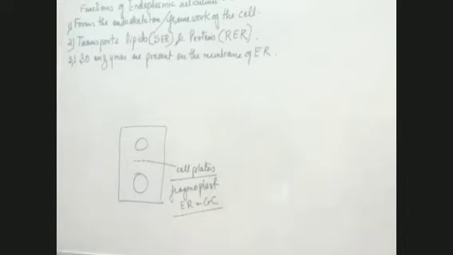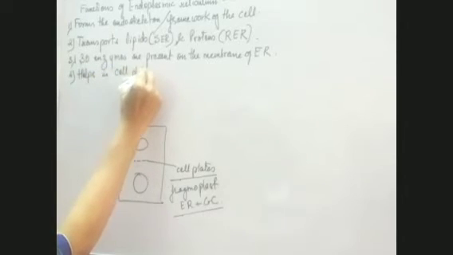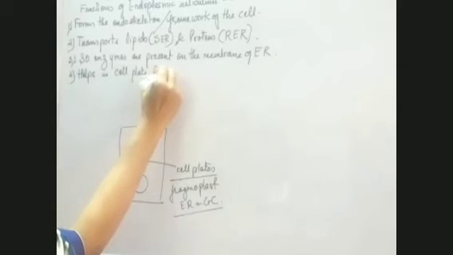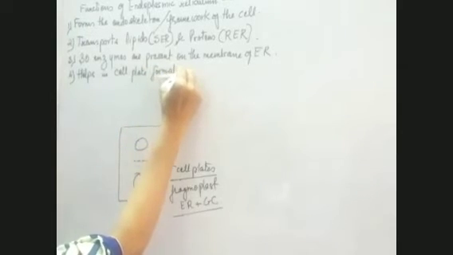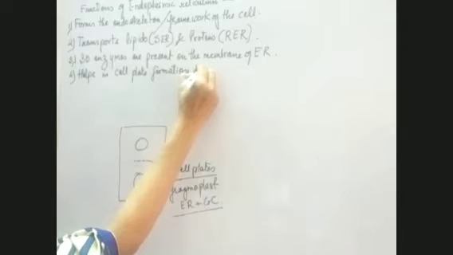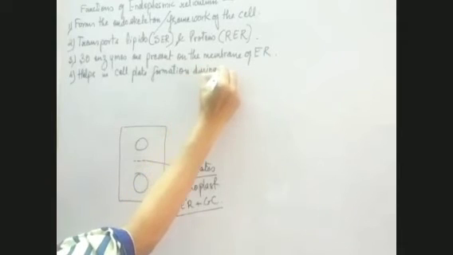That means the endoplasmic reticulum is also helping in the formation of the cell plate. So we can give the fourth point: helps in cell plate formation during cell division in plant cell.